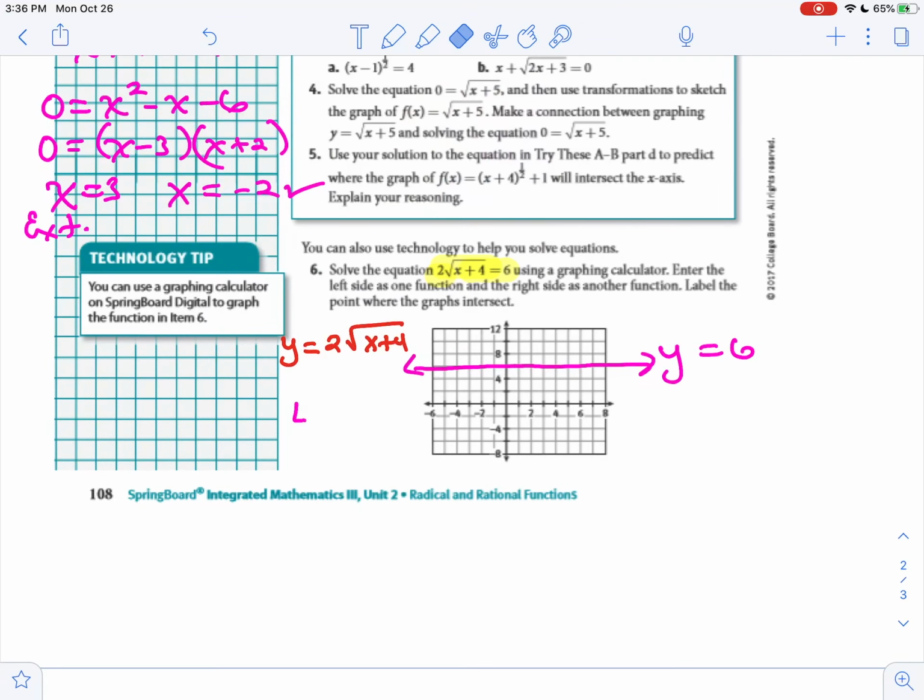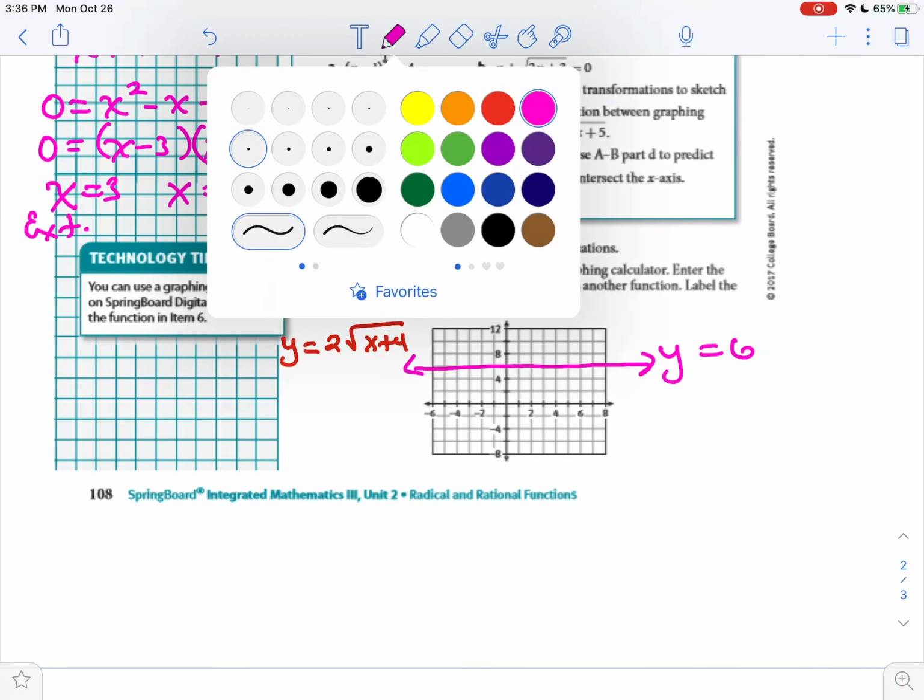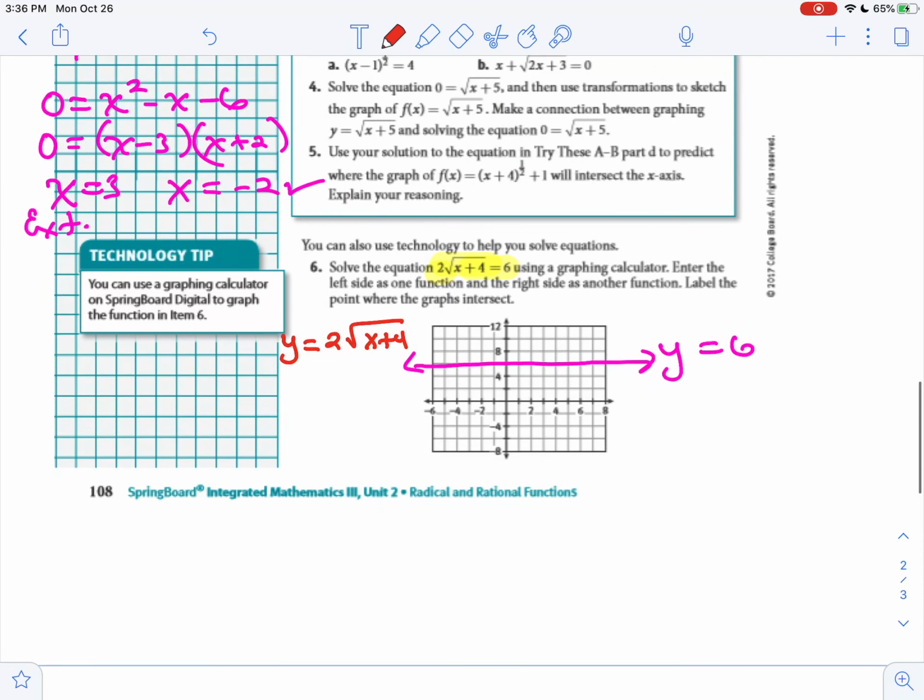But we know we're going to have to shift everything to the left, so we'll have to go to the left 4. And then we're going to have to stretch it by a factor of 2. So we're going to go left 4, and we're also going to do that multiplier of 2.